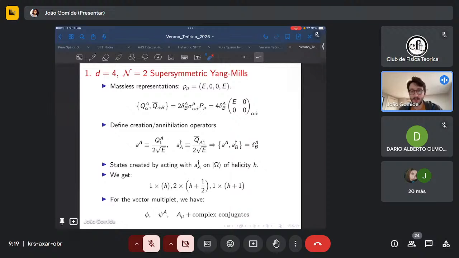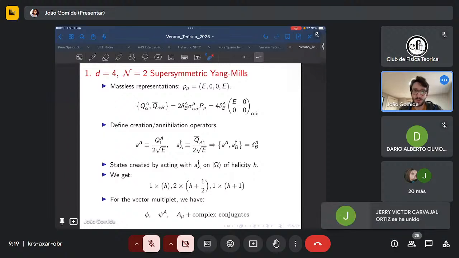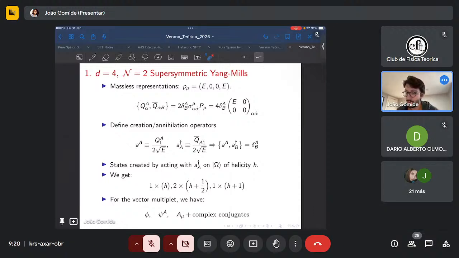And now I'll discuss a little bit about the representations. I'll be talking about just the massless representations. Of course, you can do massive representations as well, but here we'll focus on the massless ones because we want to find the multiplet associated with the gauge boson for this Yang-Mills theory. So for a massless particle, you can go to a frame where the momentum is like this.